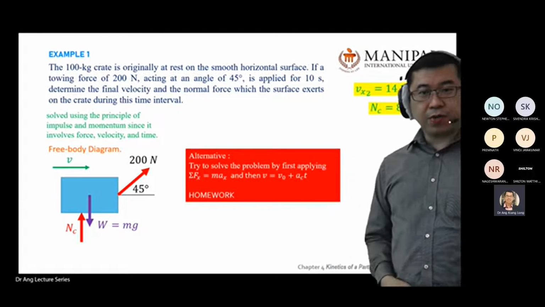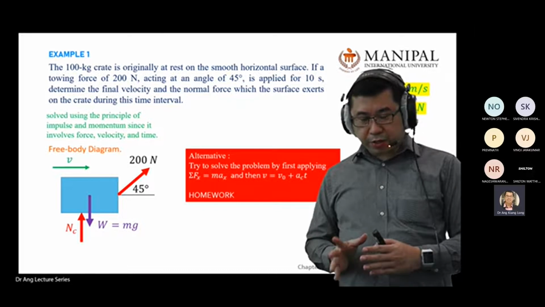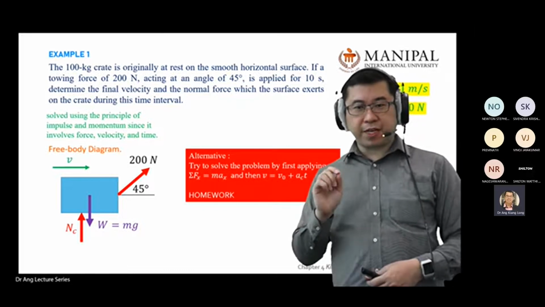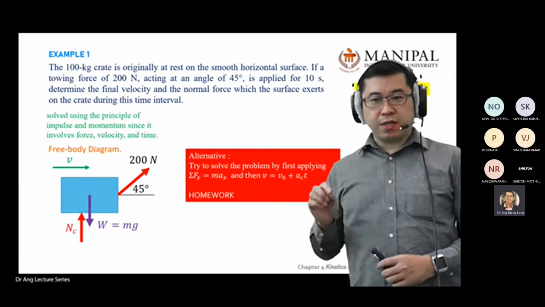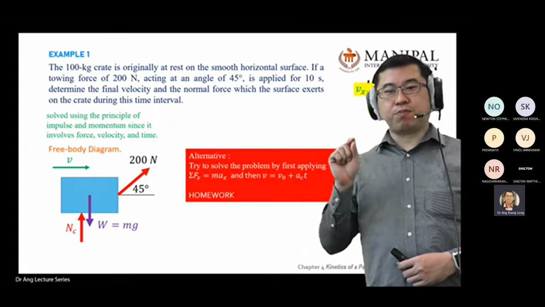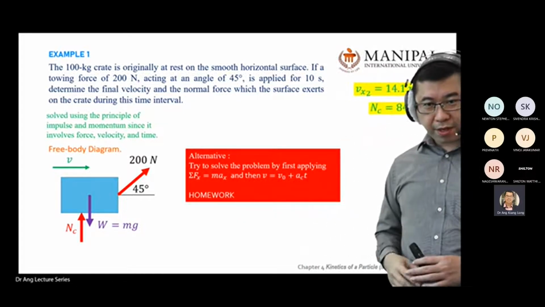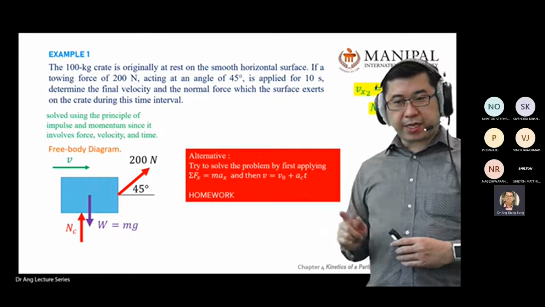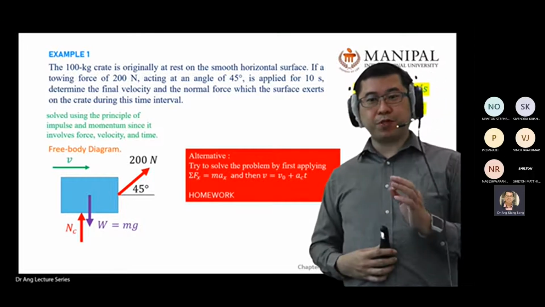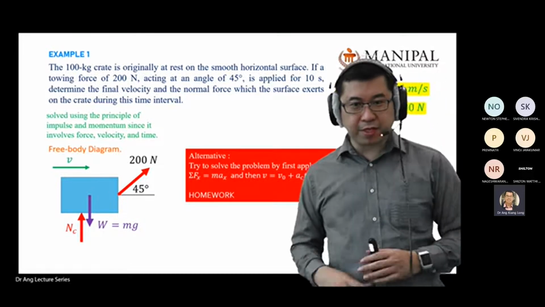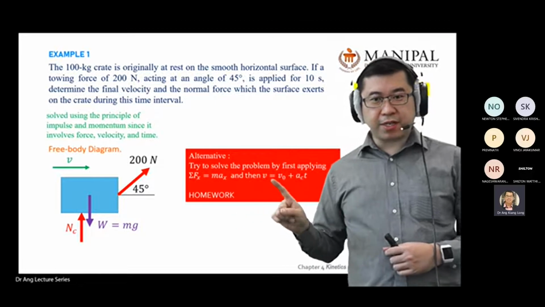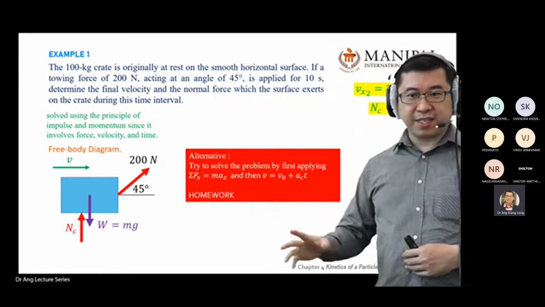Just be careful. Again, in an exam or test, there will be specific instruction given to you to use a specific principle. So in the exam, if you're told to use the principle of linear impulse and momentum, and you use this method, you won't score points.